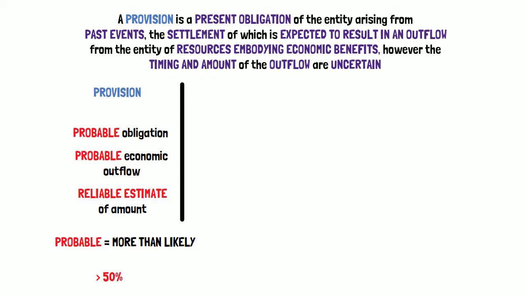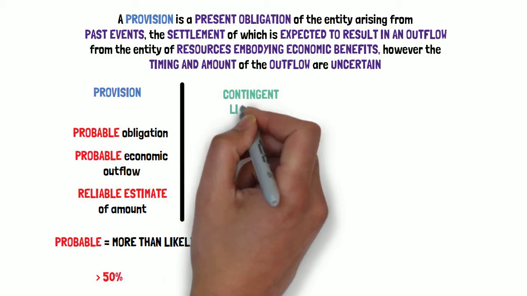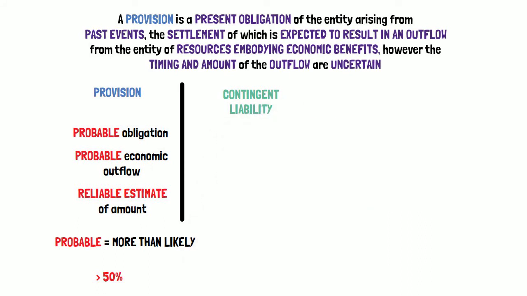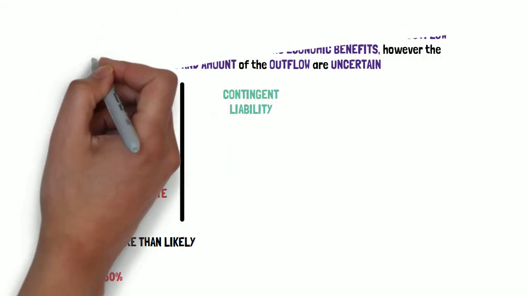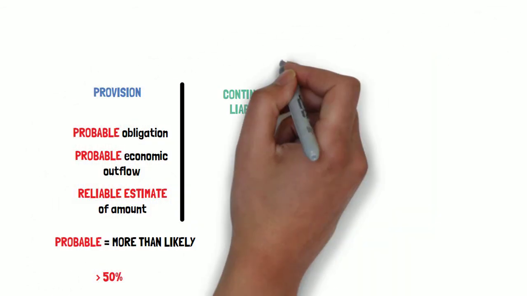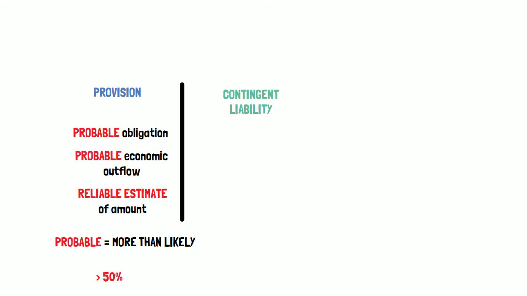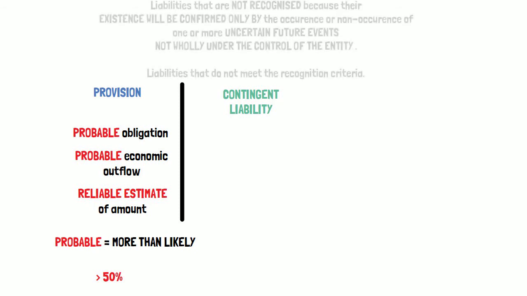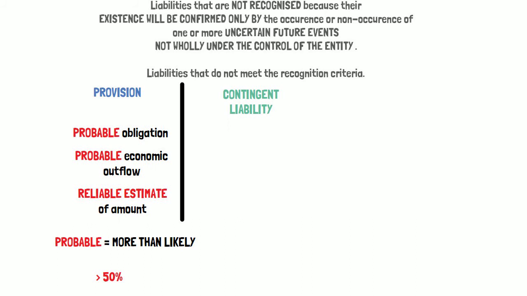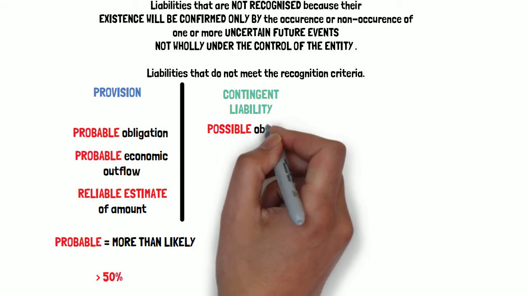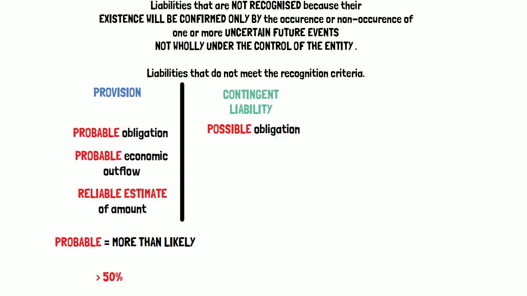Now, let's look at that in comparison to a contingent liability. Why are they different? Well, let's look at that probable obligation. In the case of a contingent liability, you may be in a scenario where this obligation is only possible. Now, how do we know this? It's because in the definition it says the existence will only be confirmed by the occurrence or non-occurrence of one or more uncertain future events not wholly under the control of the entity.